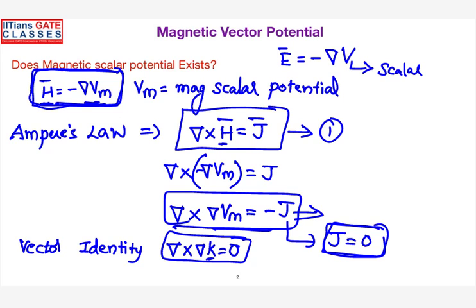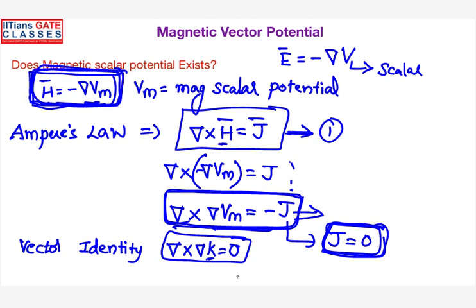So the question is, when you are assuming the magnetic field intensity is the gradient of a potential, and you use Ampere's law, it is a violation of your vector identity. Which means that your assumption is going to be wrong. Or, for your assumption to become true, the current density has to be equal to 0. But in any medium where the current density is 0, there is no question of a magnetic field.